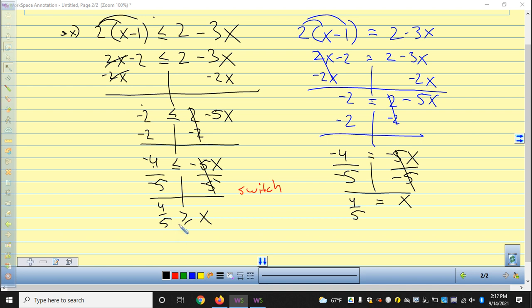And I could rewrite this if I wanted with a variable on the left. I can just turn this around, x less than or equal to 4/5.